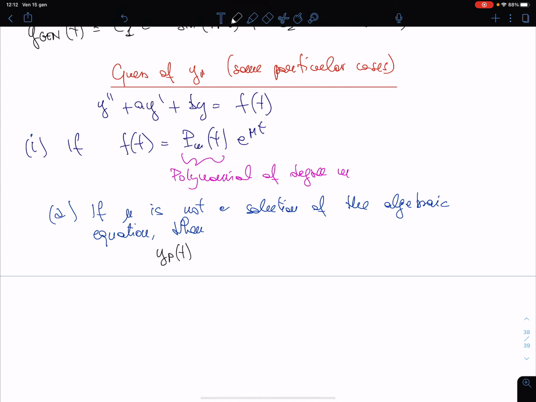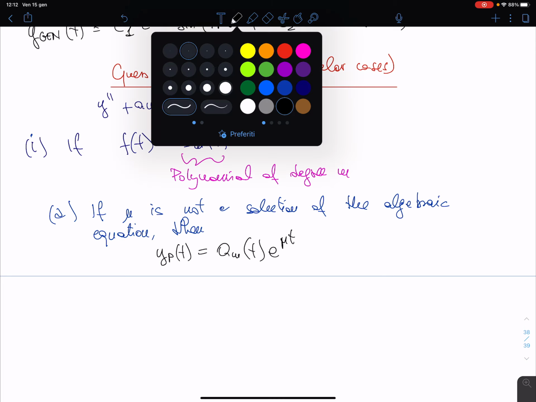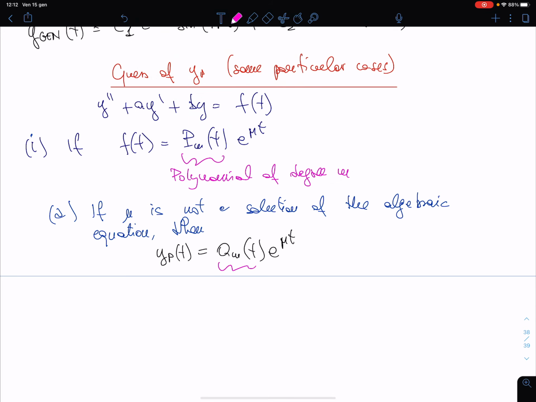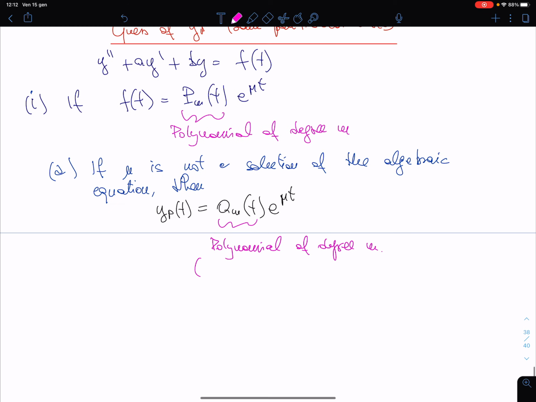Yp of t is equal to qm of t e to the power mu t, where qm here is a polynomial of degree m, like p. This is very important: the coefficients of this polynomial are to be considered as unknown.